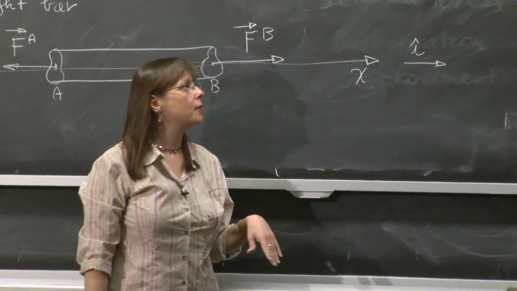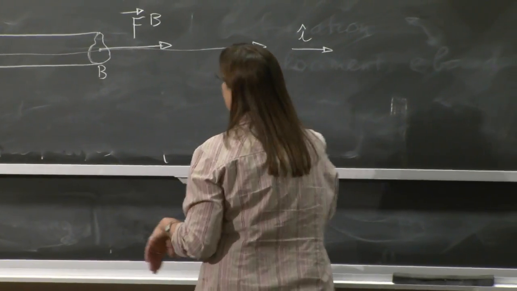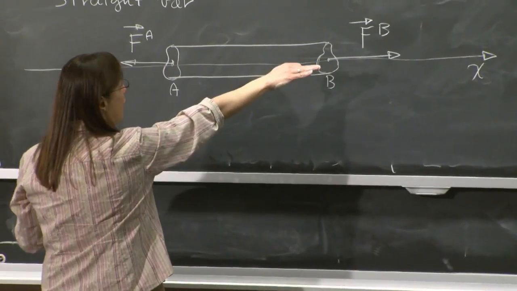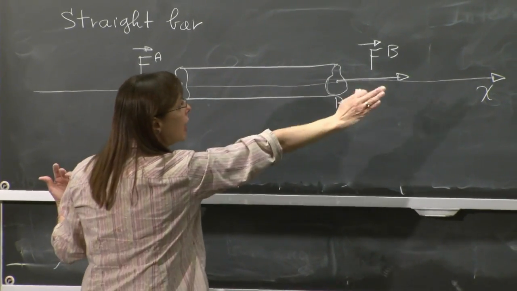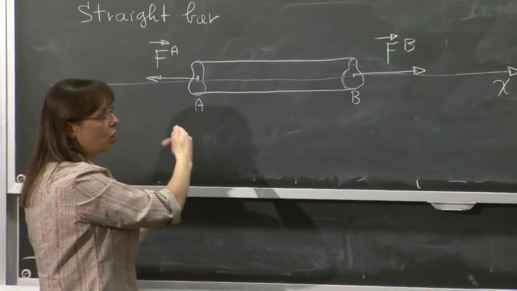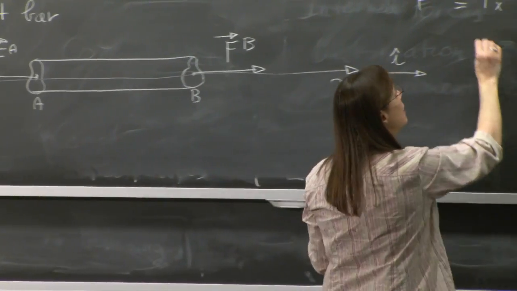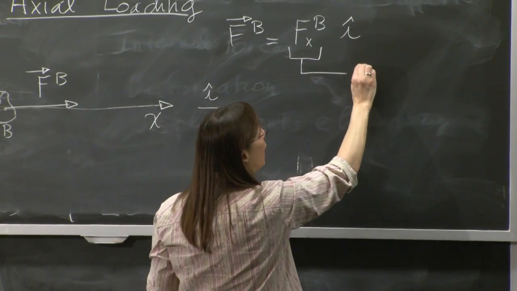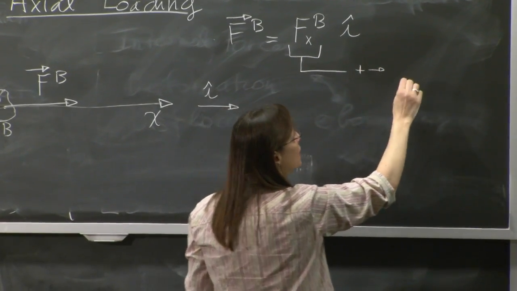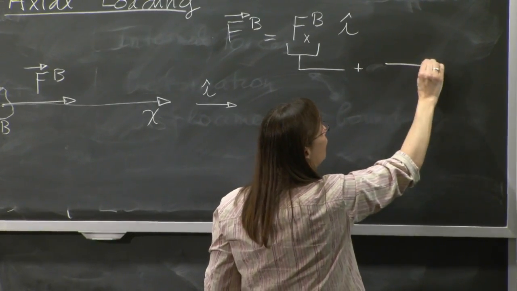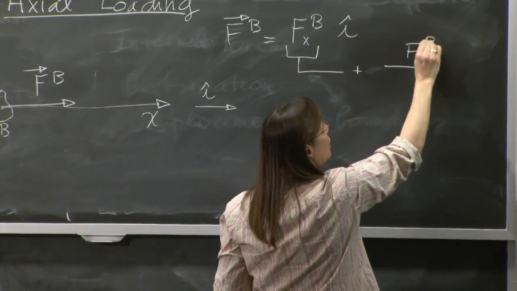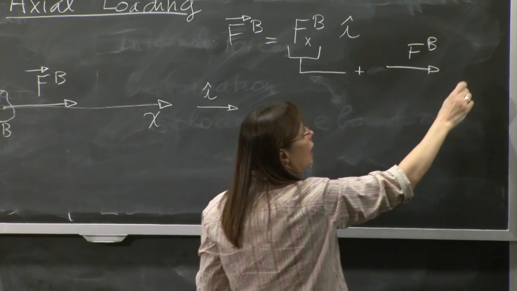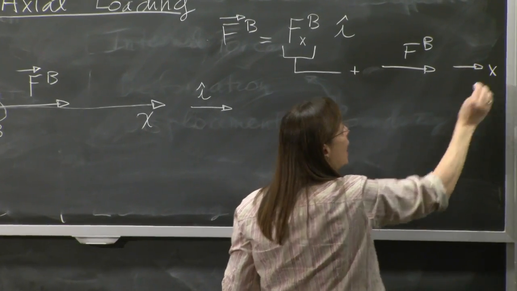As simple as that. Now, depending if FB or FA point along the x direction or against the x direction, the way I see this is I see the sign of Fxb. So if Fxb is positive, it means that FB points along the same direction as the x-axis.